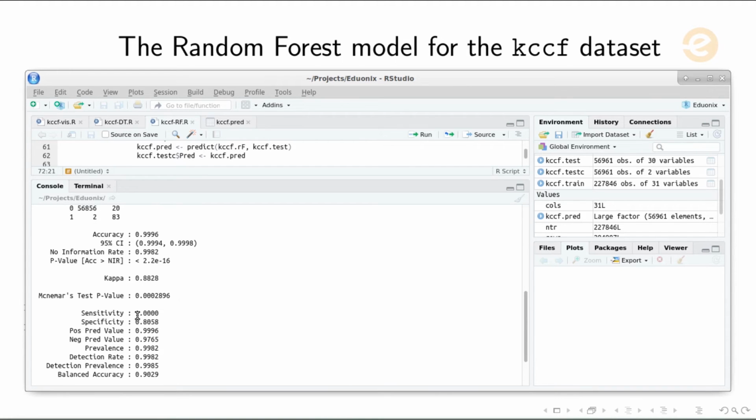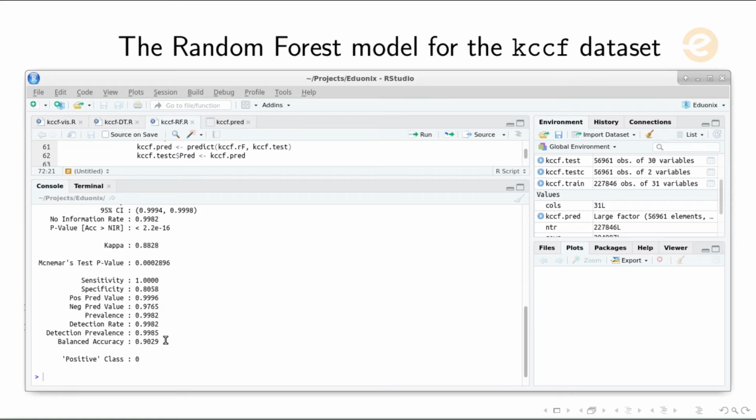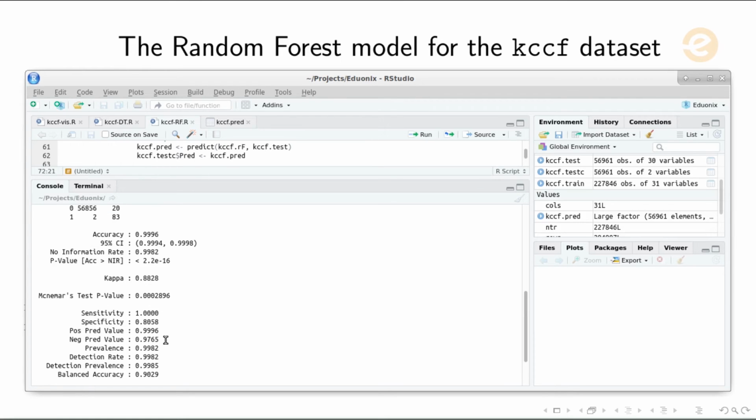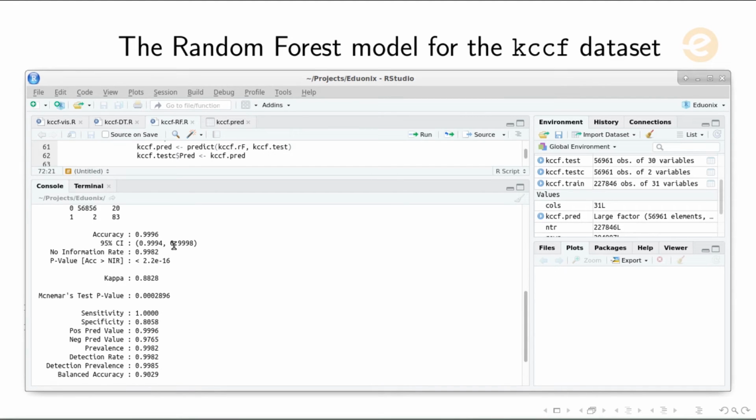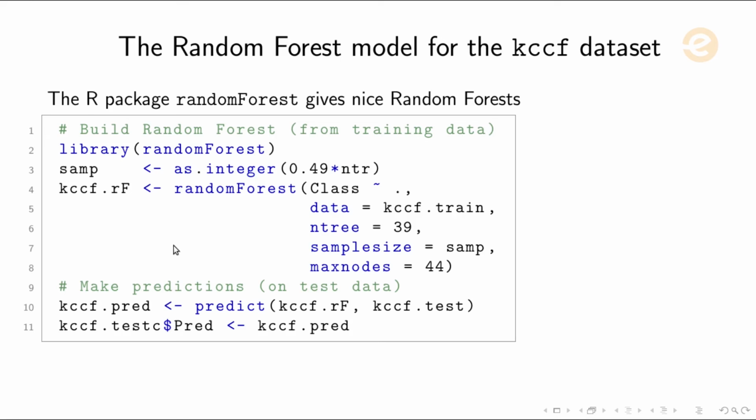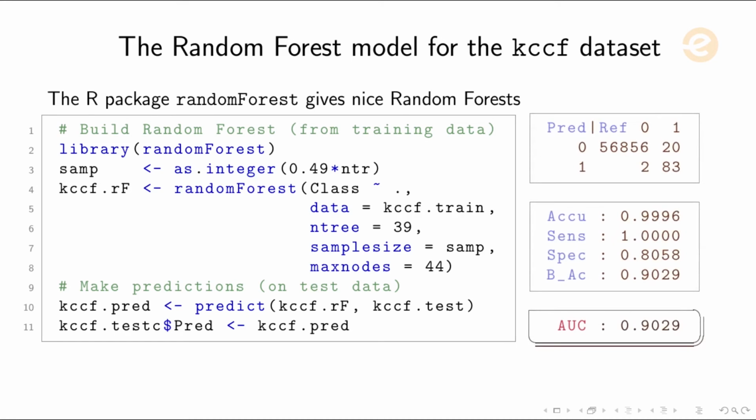So that gives us a 100% sensitivity, 80.58% specificity, and a balanced accuracy of 90.3%. The accuracy actually doesn't count here because it's an imbalanced data set, as we have discussed before. So we can go back to our data slides, where we can just jot these results down in a very simple form to be able to get a better view of that. So previously we got 81 of them correctly and 22 were wrong.